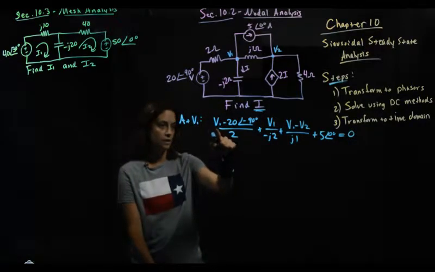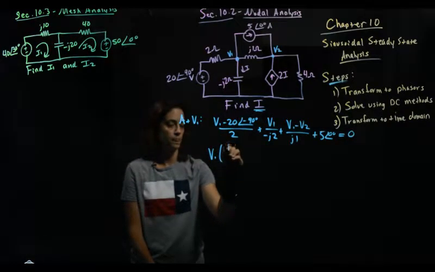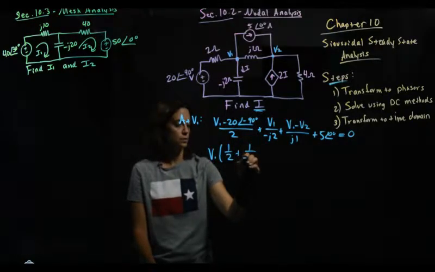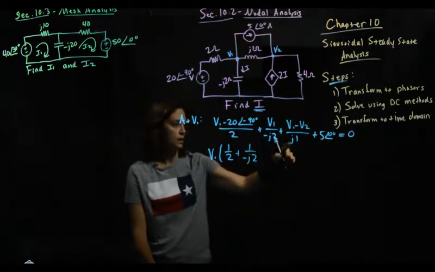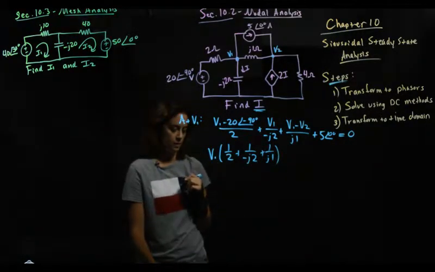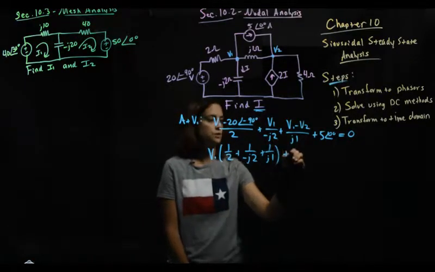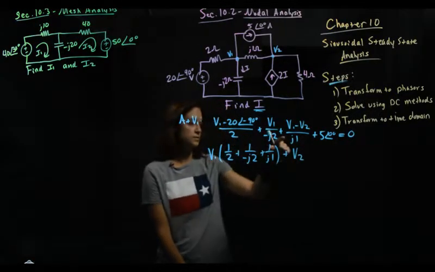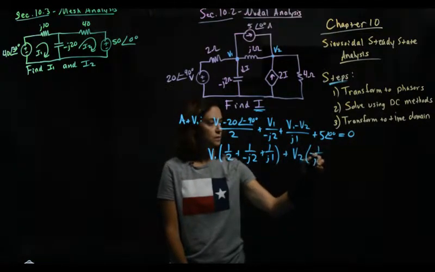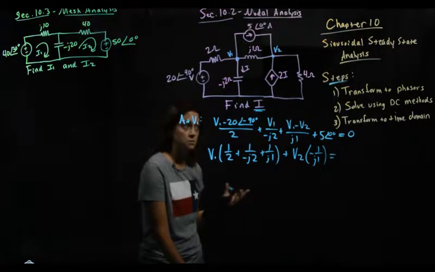So for V1, I have 1 over 2, and a 1 over minus J2, and a 1 over J1, plus V2, everything I have for V2, well, it's just this one term, minus 1 over J1, equal to anything that's not associated with V1 or V2.